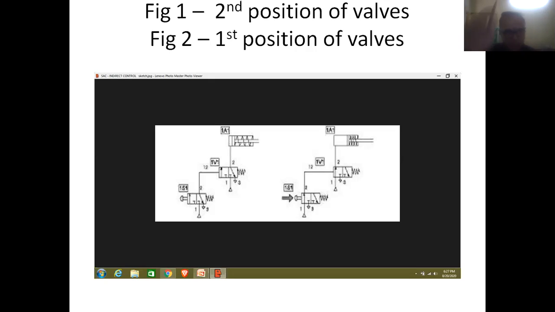So friends, here in this particular slide, the second figure is indicating the first position of both the valves, essential for the forward stroke of the piston. And the first figure is indicating the second positions of valves essential for the return stroke of the piston.